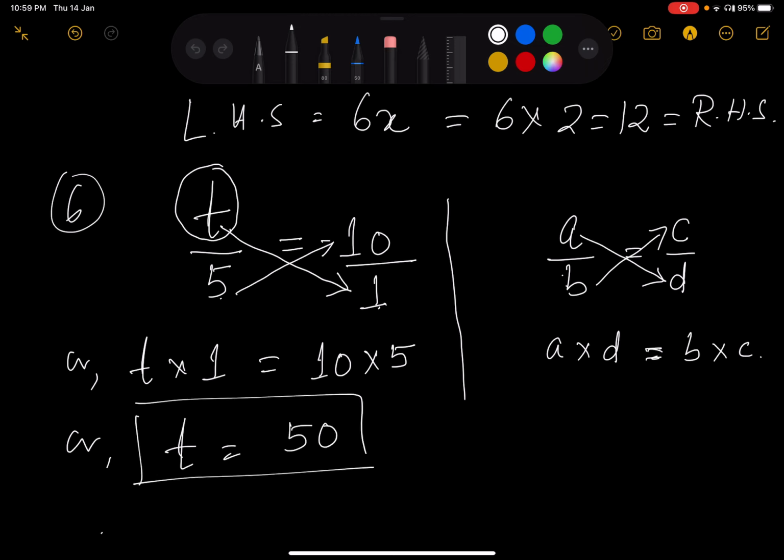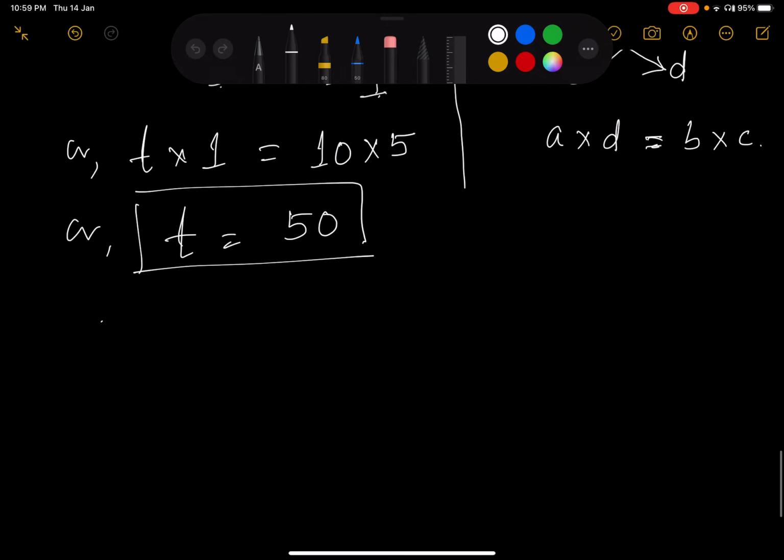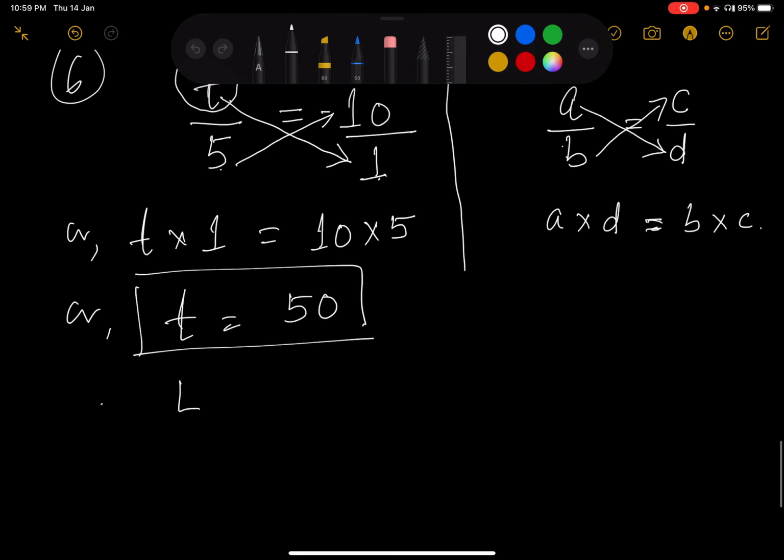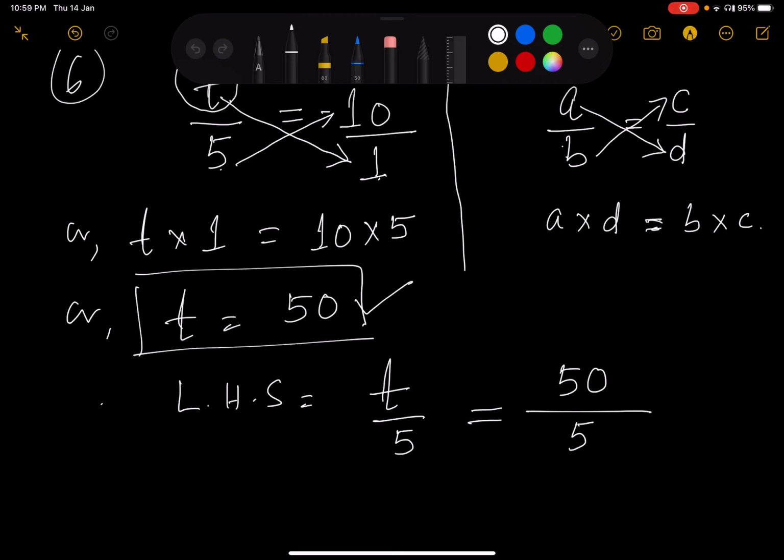50. Now if you want to verify, then you see that left hand side is equal to how much? To t by 5. What is the value of t you have got? It is 50. So substitute the value of t here, 50 divided by 5 is equal to how much? 5 ones are 5, 5 tens are 50.